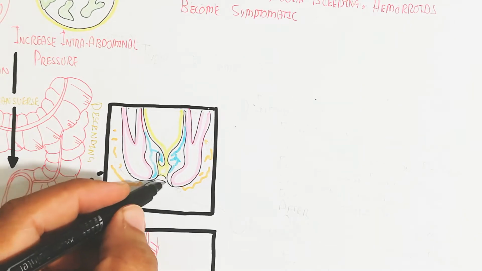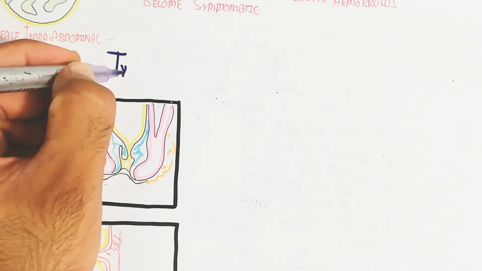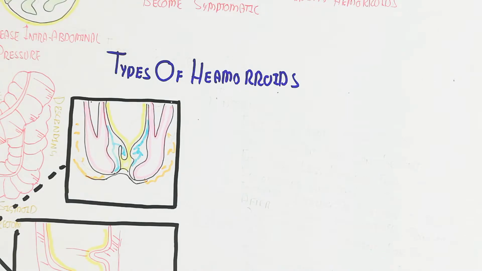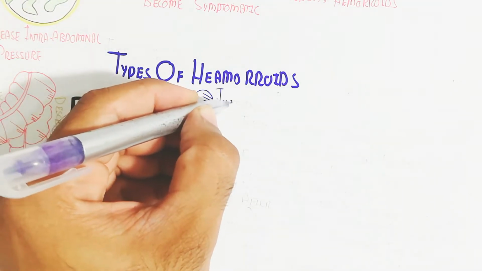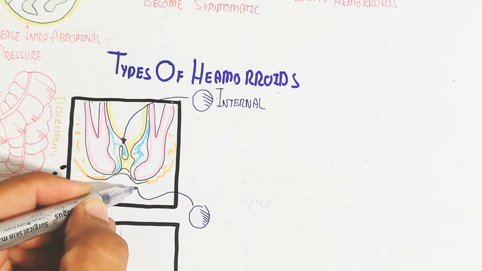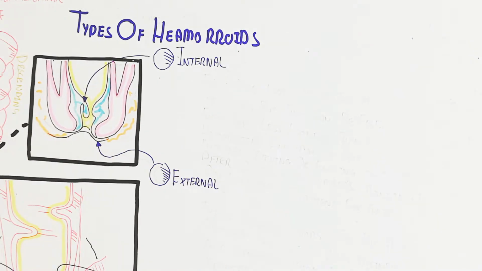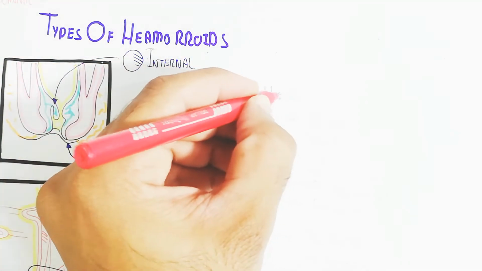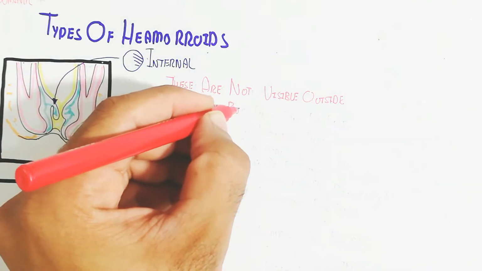So I am drawing this again for understanding the types of hemorrhoids. Hemorrhoids can be internal and external. First we will understand the internal. Internal means inside. The internal hemorrhoid plexus forms a lump-like structure containing blood vessels, which will bleed when ruptured. These are not visible outside the body, but they can be felt.